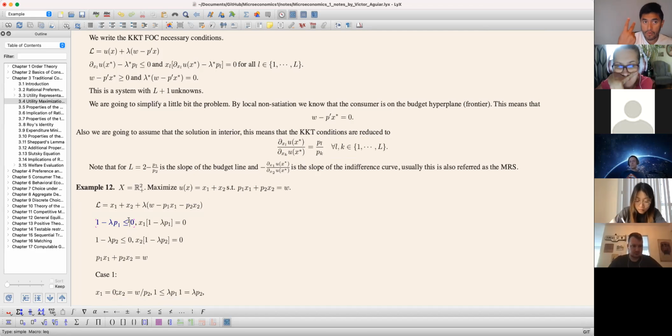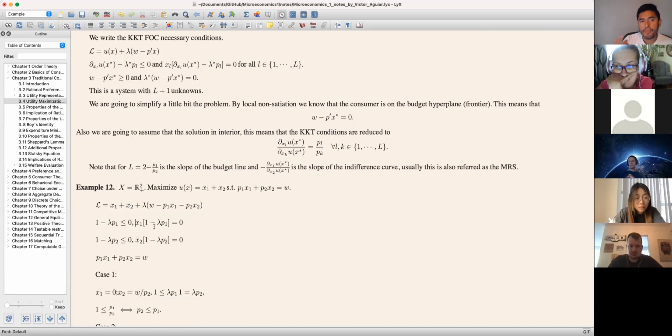Okay, so right now we're going to write the two conditions at the same time, with the less than or equal symbol. So 1 minus lambda P1. Why 1? Because the derivative of x1 is a linear function, so it's just 1. And then the formula tells you minus lambda multiplied by P1 less than or equal to 0. And here comes the important part. In the Karush-Kuhn-Tucker conditions, they give us this very nice complementary slackness condition where you can do kind of an electric switch.